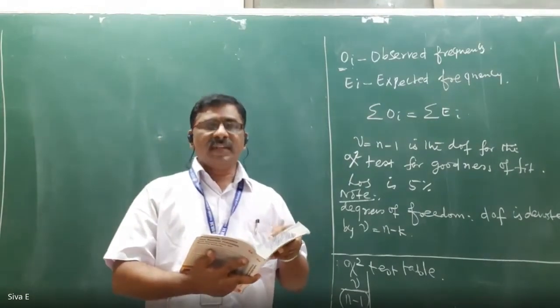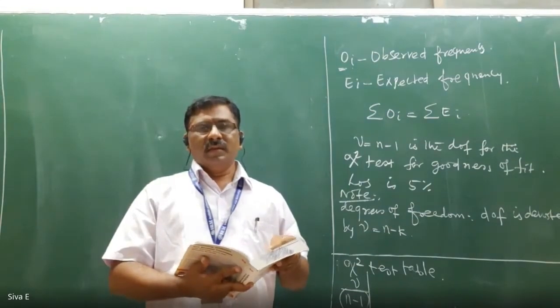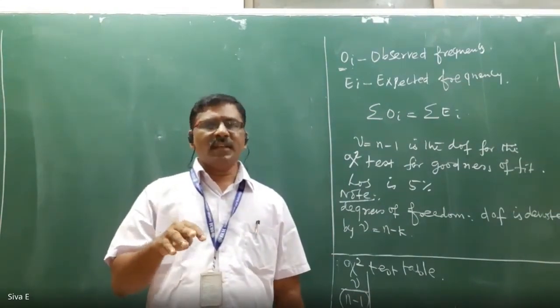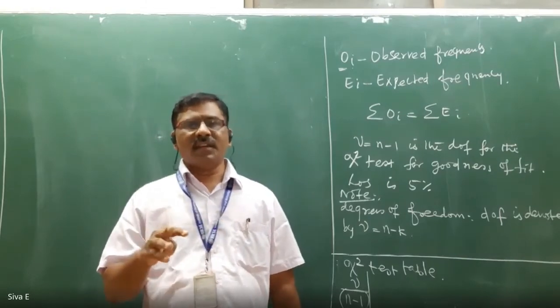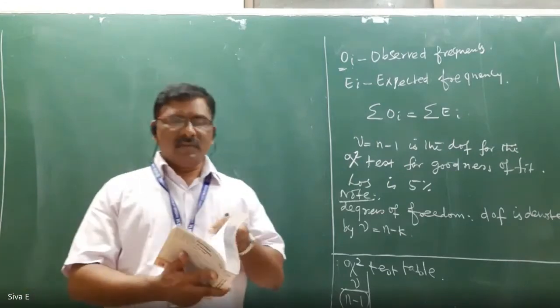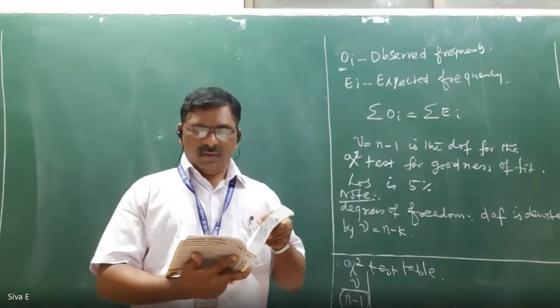In case of 5% level of significance, the 0.05 column. If nothing is mentioned about the level of significance, you take the default 5%.